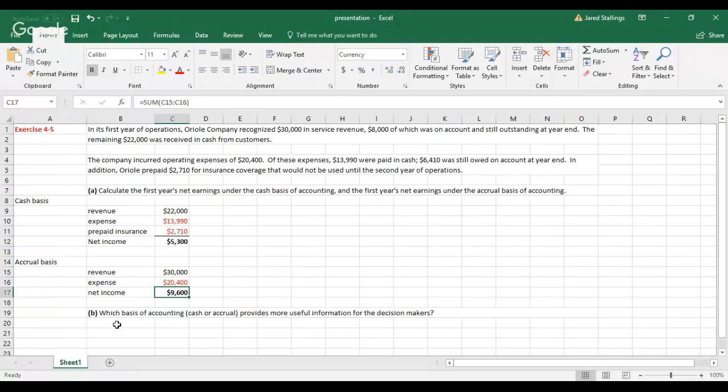And then, which basis of accounting, cash or accrual, provides more useful information for the decision makers? Now, obviously, the accrual basis provides more useful information. We talked a little bit about how we've used up services on expenses that we can't take back.